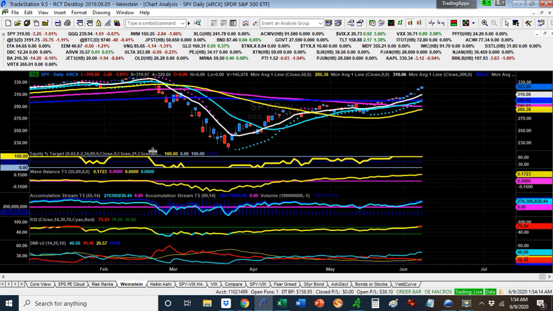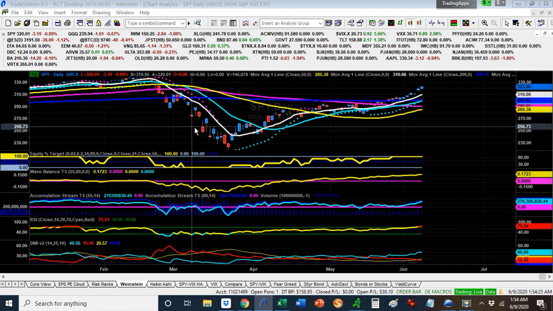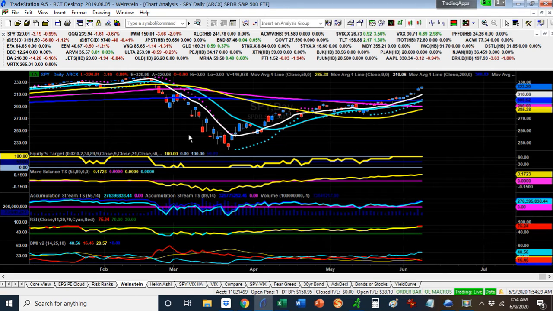What I found is that a trend following mechanism like this really helps protect you against some significant losses, as we've seen. Over the course of a couple weeks, the market fell about 30%. It's ridiculous, but that's the nature of the markets nowadays.